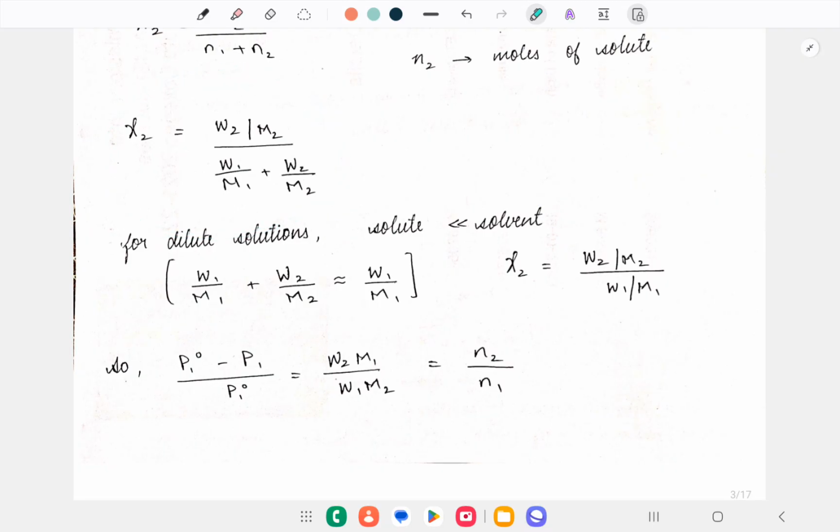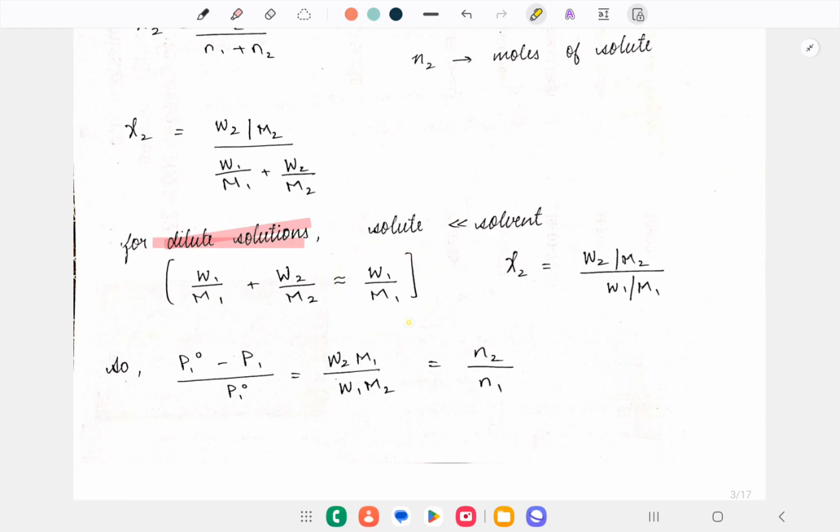It is very important to note that for dilute solutions, the solvent will be much greater in quantity than the solute, so the solute moles become almost negligible in our calculations. We eliminate that value and come to this conclusion.